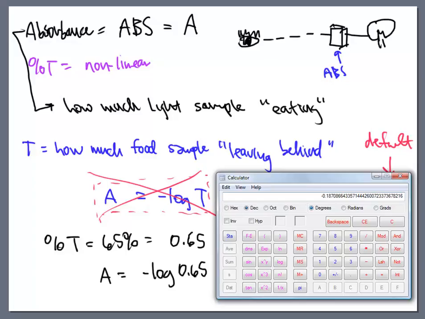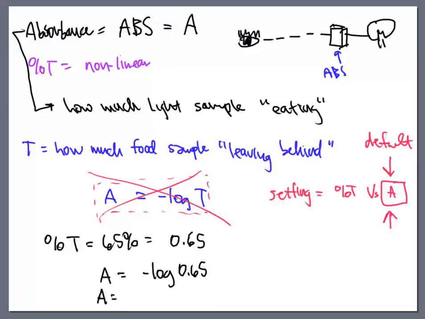So my absorbance value here would be 0.187. That is how I would calculate absorbance values from percent T numbers. Okay? So this gives us a little bit of insight about absorbance and transmittance.